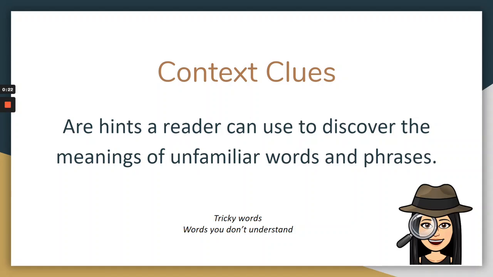Context clues. Context clues are hints a reader can use to discover the meanings of unfamiliar words and phrases. In the books that we read, authors include hints to readers to allow them to figure out what tricky words and words that they may not understand mean.